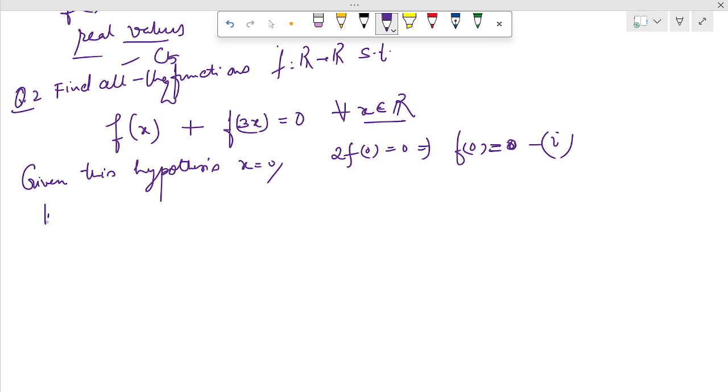Okay, now we claim here that f(x) being identically 0 is the only function which satisfies the above functional equation.